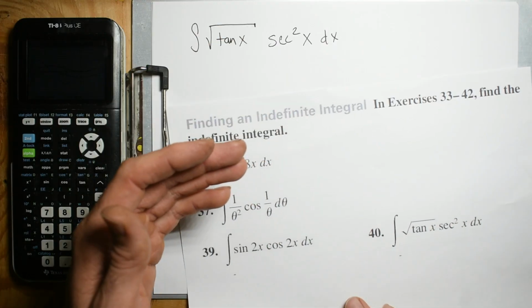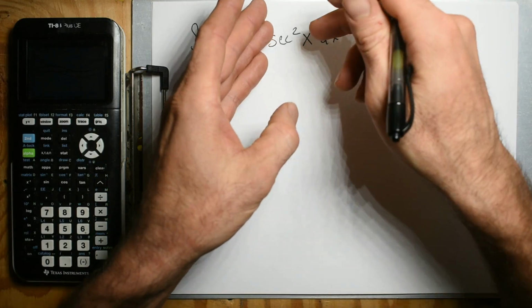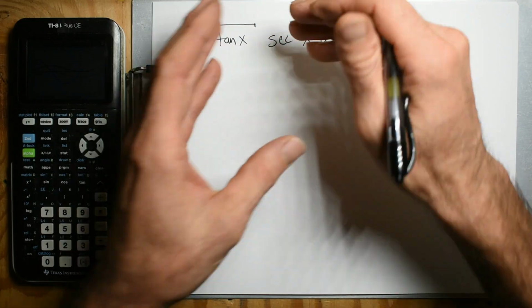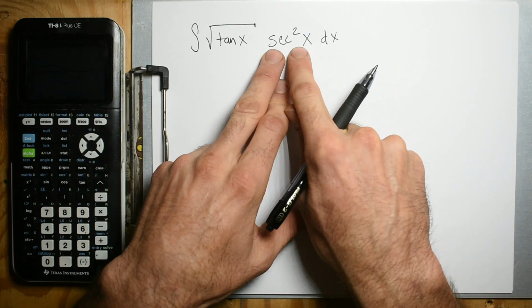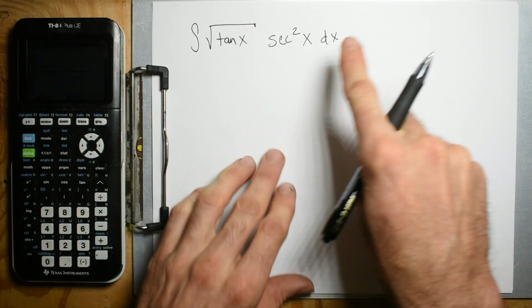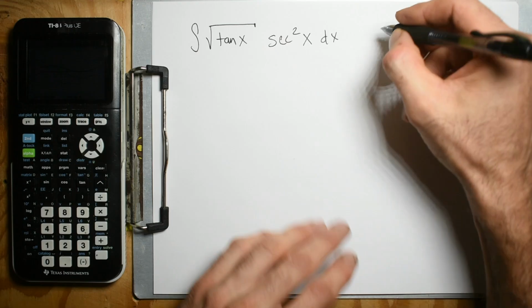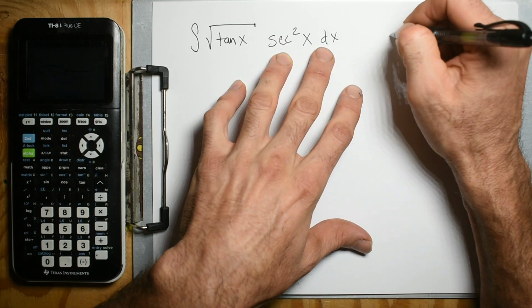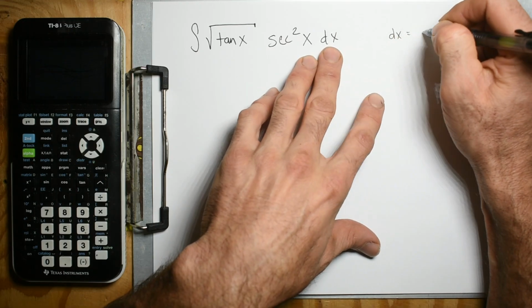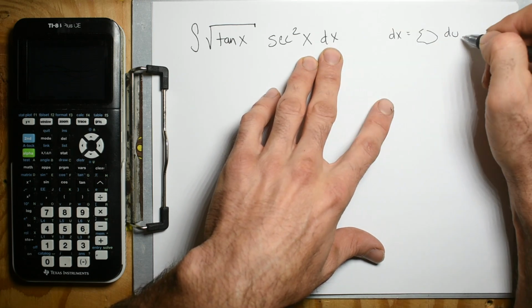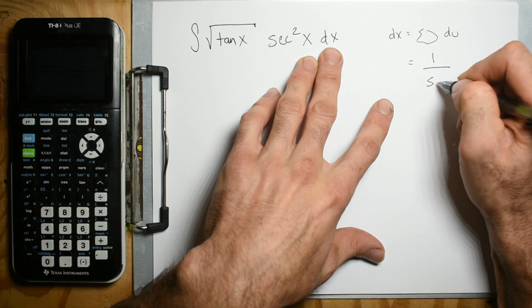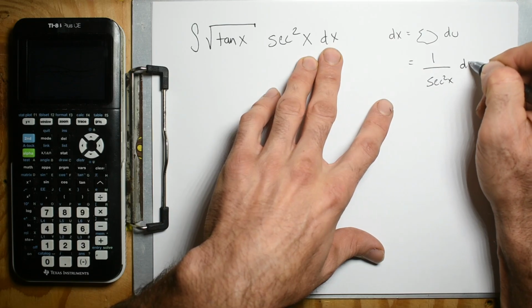If you put something in terms of u and you differentiate it, it's not that you'll get the other thing, it's that you'll cancel it. That's where I just need to actually get better. When we do this, dx is equal to something something du. For this one, that something is going to be 1 over the secant squared of x du.